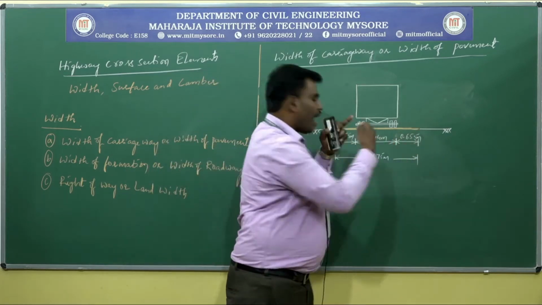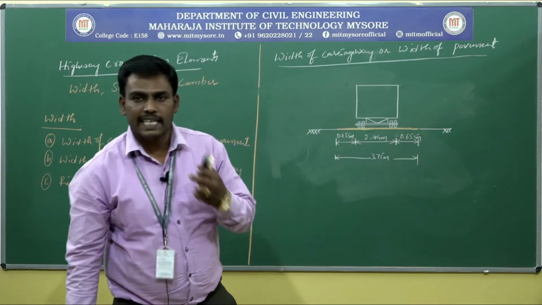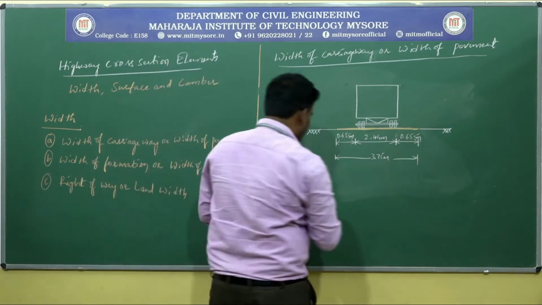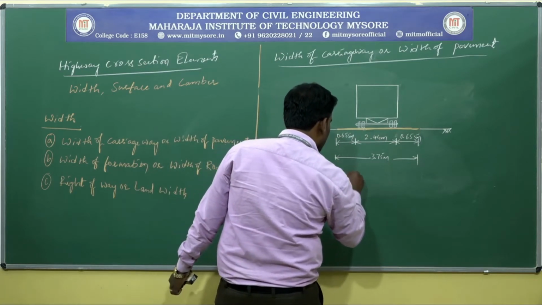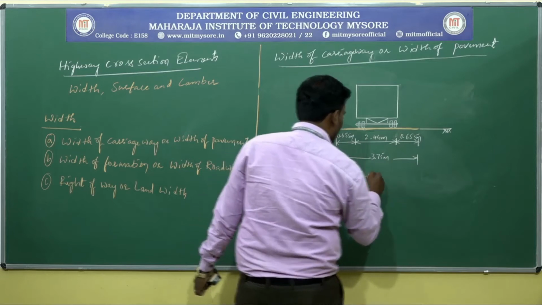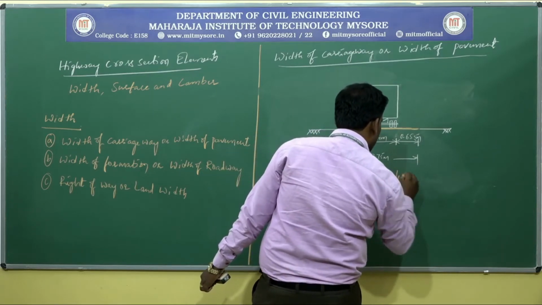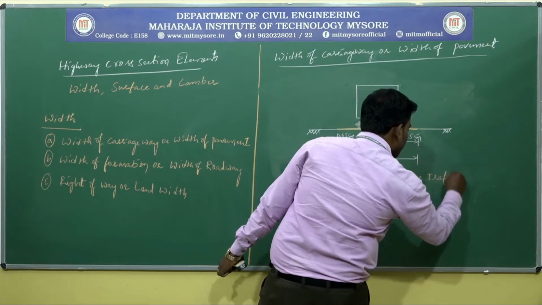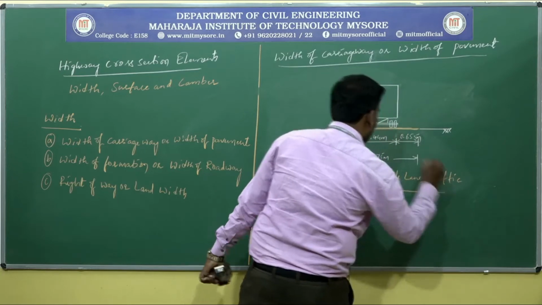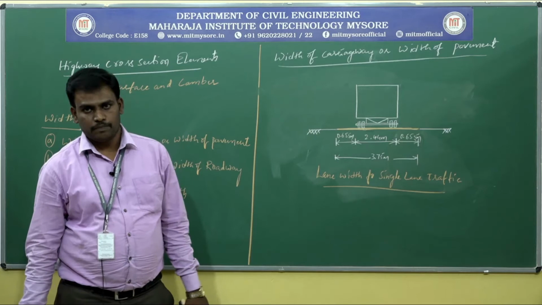Then this requires a minimum of 3.75 meter lane width for single lane road. Total is about 3.75 meter.